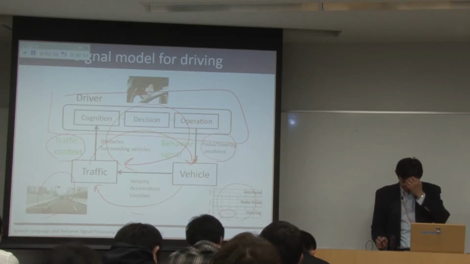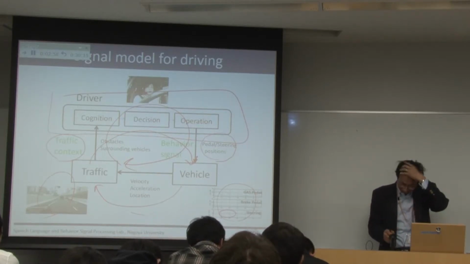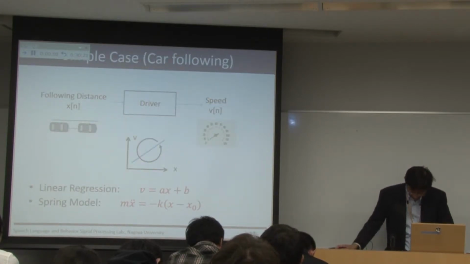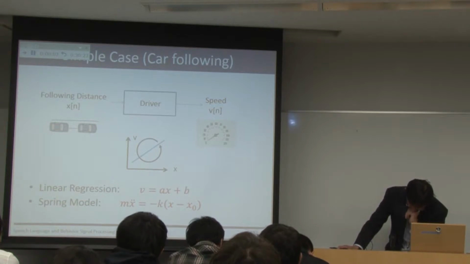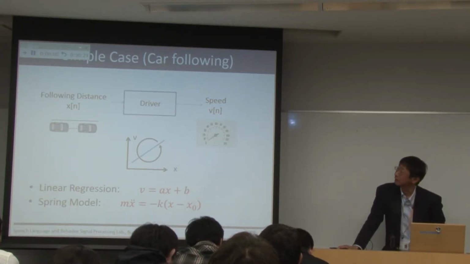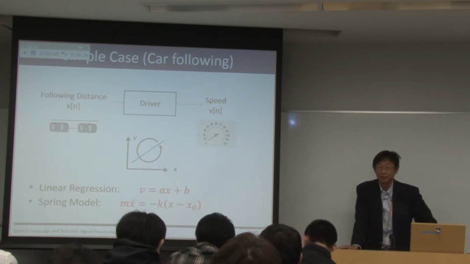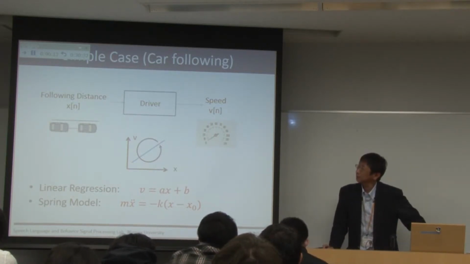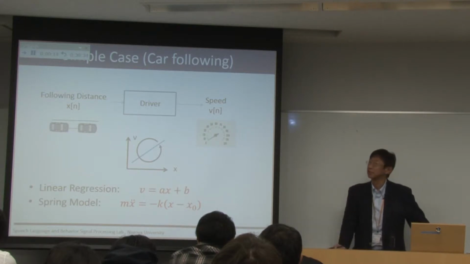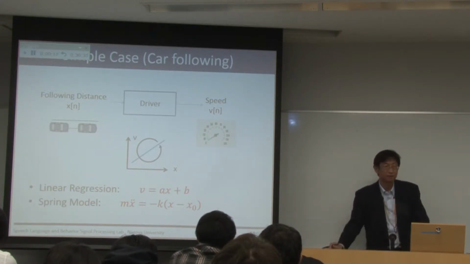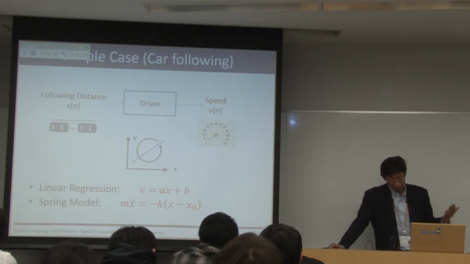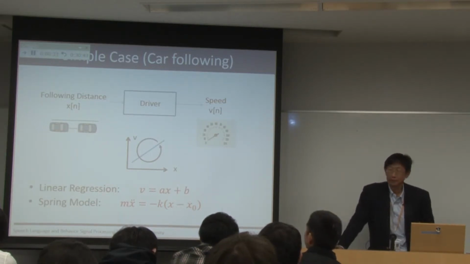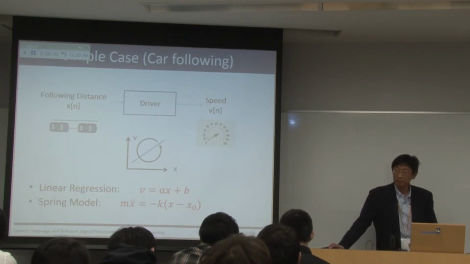Okay. So I'd like to emphasize that this is a flow process and this is a loop of signals. So I'd like to discuss a very simple but realistic case. That is car following. In general, if you'd like to follow the vehicle preceding your vehicle, you try to keep the distance to that vehicle in a certain range.